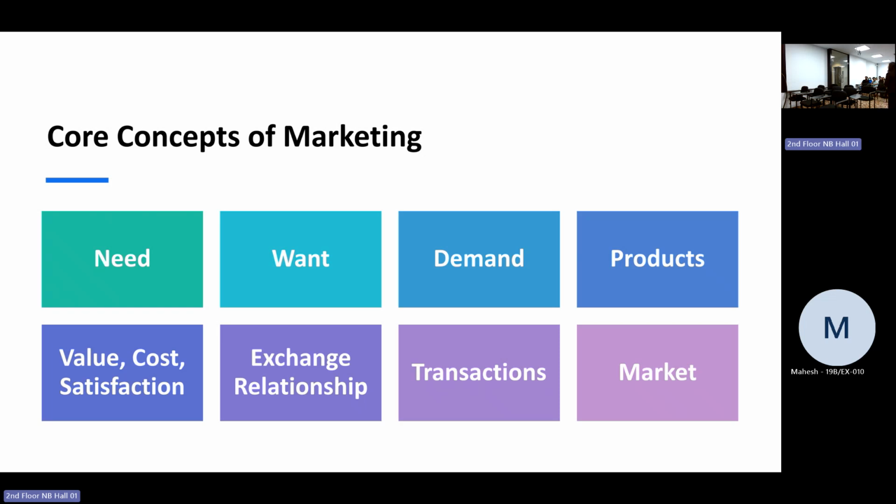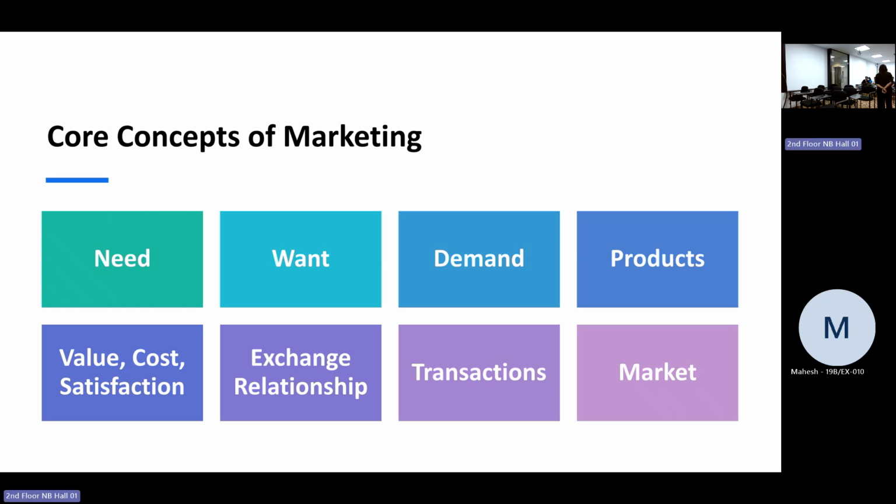Then what is demand? I don't know whether you have learned this in principles of economics. You will be learning demand and supply. So what is demand? It arises because of your wants.